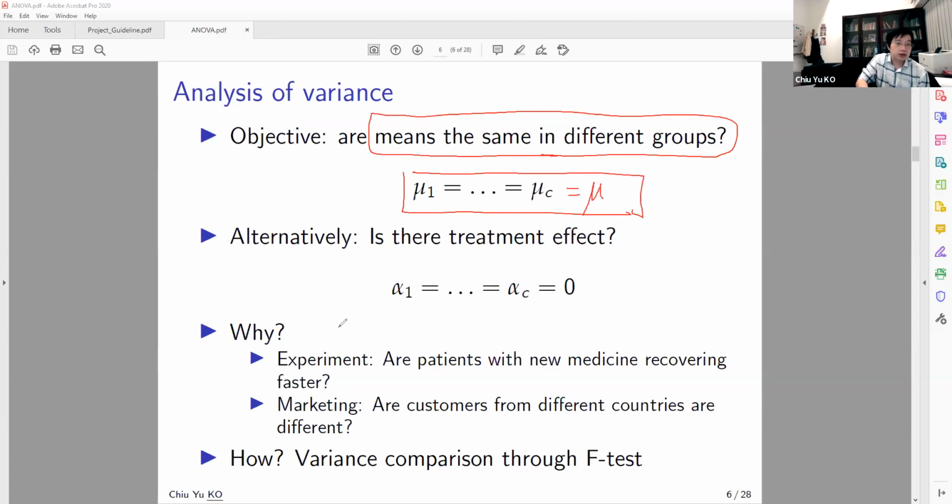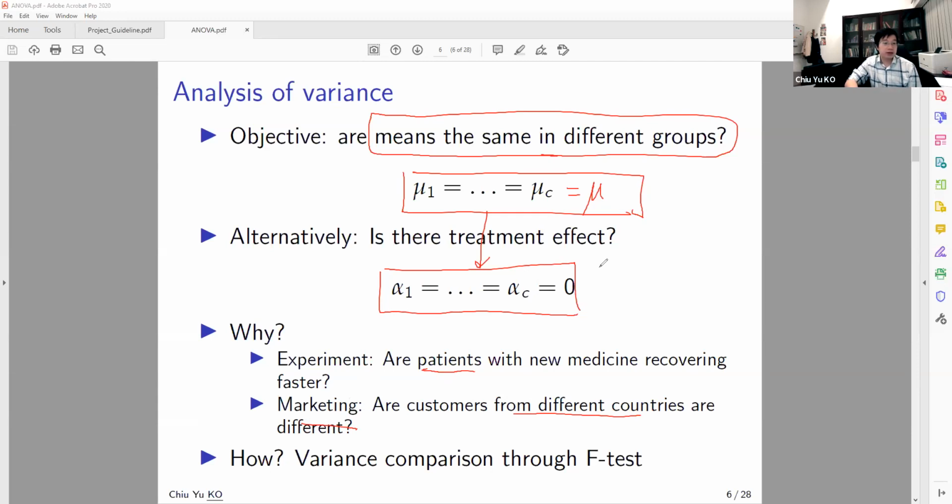If they are all the same, then there's no treatment effect, it's 0. Why do we care about this? For example, in a drug experiment, you give patients different medicine and see whether the medicine helps them recover faster, or whether they have the same treatment effect, with no extra treatment effect. And in marketing, you ask whether different countries are different.